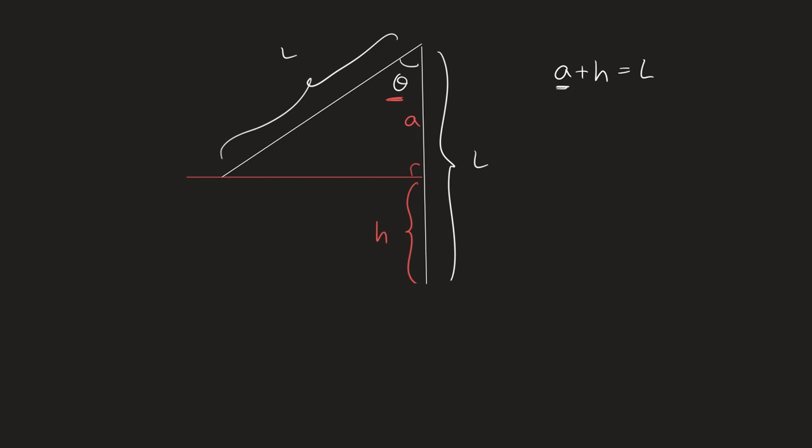A is the adjacent side in a right triangle, so A has to be L cosine theta. So L cosine theta plus H equals L, or H equals L times (1 minus cosine theta).